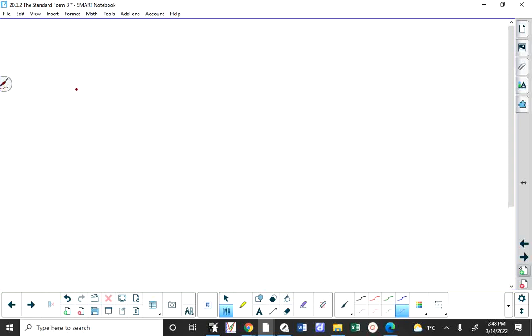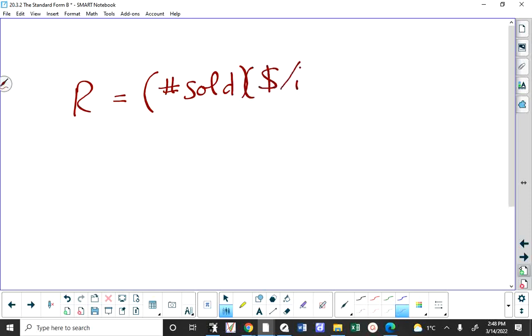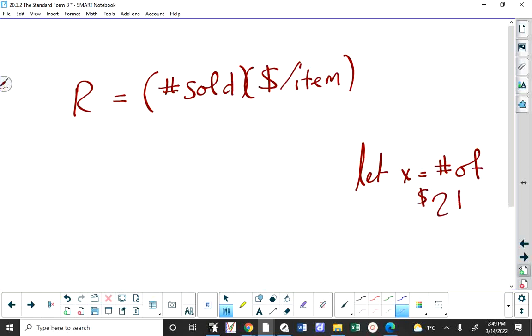We're going to say, so now we're into the equation aspect of this, that the revenue is going to be the number sold multiplied by the price per item. But we have to introduce a different idea here. We're going to let x equal the number of $2 bumps.